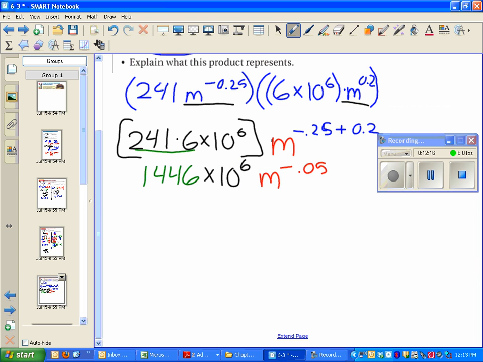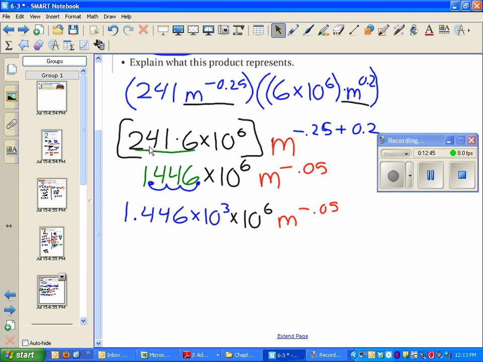Okay, and I'm still wanting to do scientific notation, so the decimal is hiding, but it's right there, so I'm going to move that 1, 2, 3 times. So I have 1.446, and then that would be times 10 to the 3rd, and then times 10 to the 6th, times m to the negative 0.05.